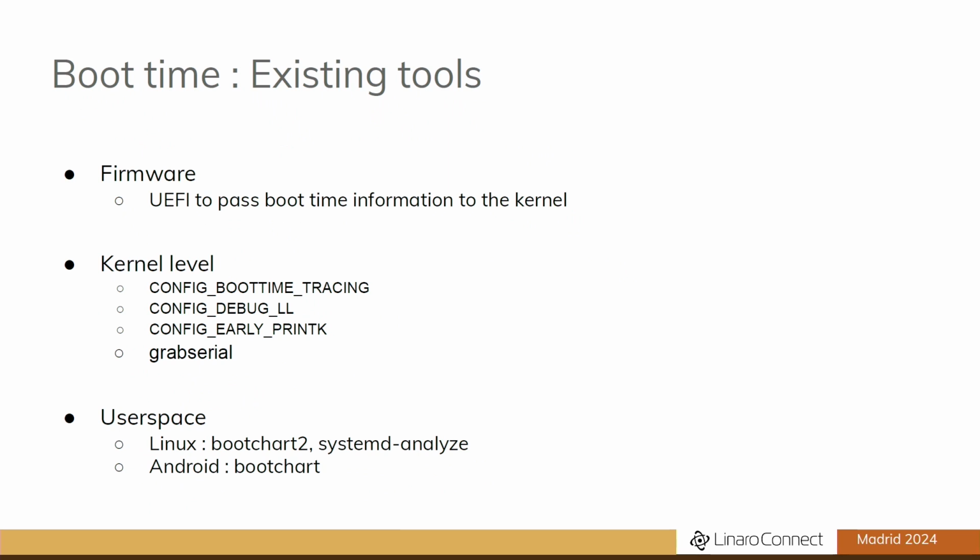For UEFI in U-Boot, we have UEFI variables giving us the amount of time it took to boot, load the image, load the kernel, and boot the firmware. All this information is in UEFI variables, and it is used by systemd-analyze.